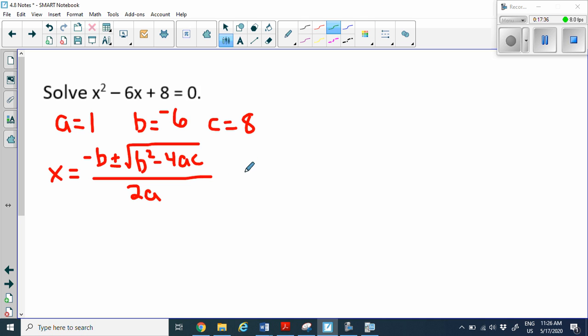Okay, let's go ahead and see what you got here. So in this case, our opposite of b is going to be the opposite of -6. So the opposite of that is positive. Remember, we just changed the signs. Then we have our square root. So we do b squared. So I have -6. Remember, don't forget your parentheses. I square it.